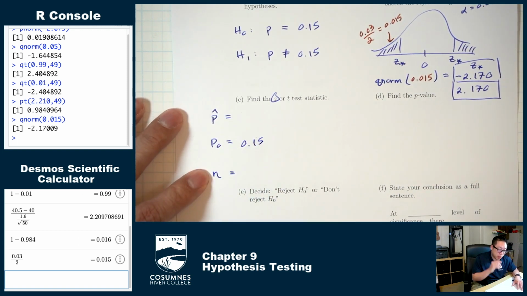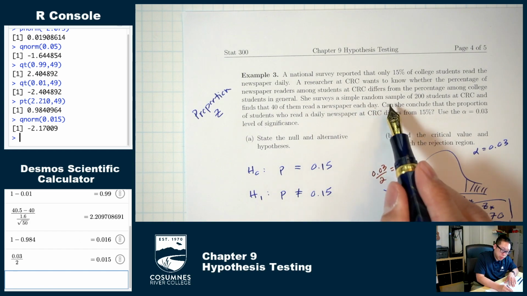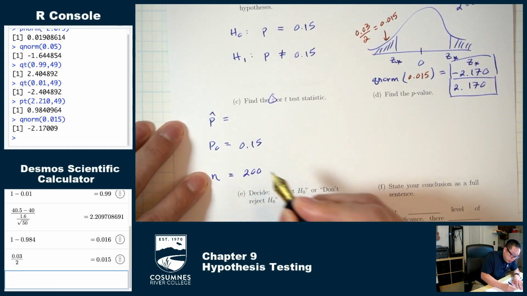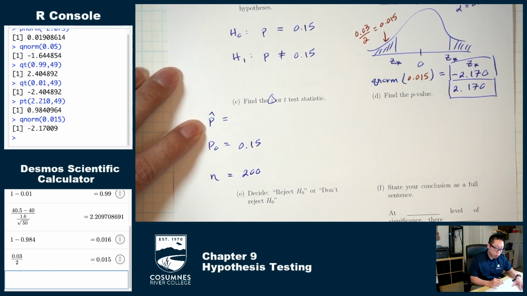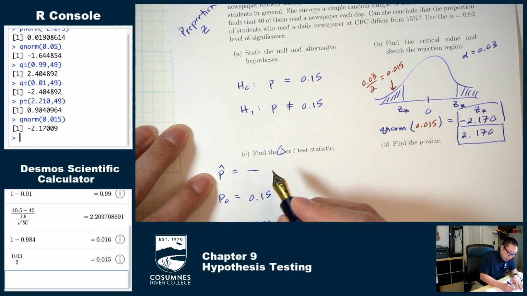N is our sample size. How many people are we talking about here? The survey is a simple random sample of 200 students, so 200 people total, so that's our N. P hat is the proportion from our sample, so this is going to be something over something.